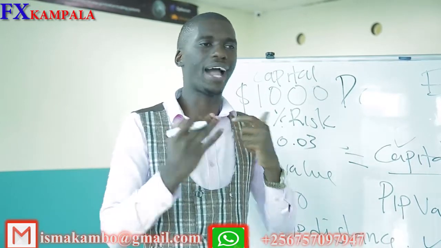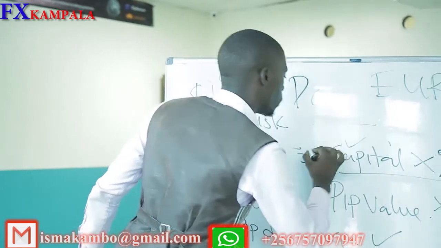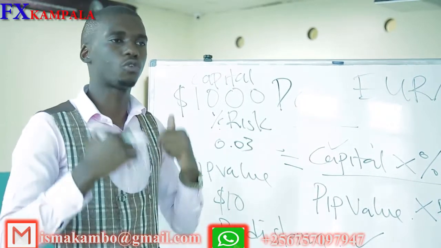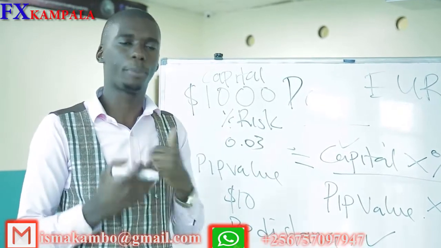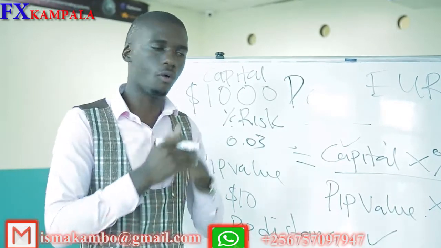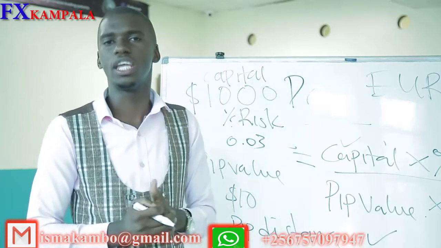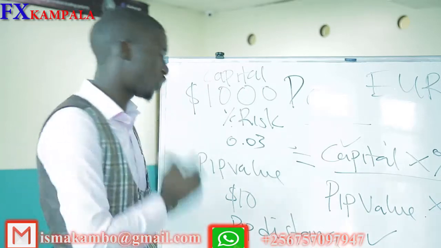So let's say we're entering the market at some point here and we want to place our stop loss. Remember, before you come up with any strategy, the most important thing is knowing where to place the stop loss as per the strategy.